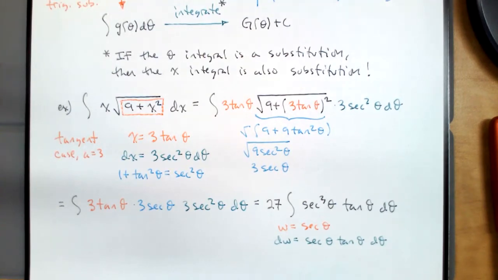The substitution w equals tangent theta is not going to work because I can't convert 1 factor of secant to tangent without introducing square roots, which is what we're trying to avoid in the first place.